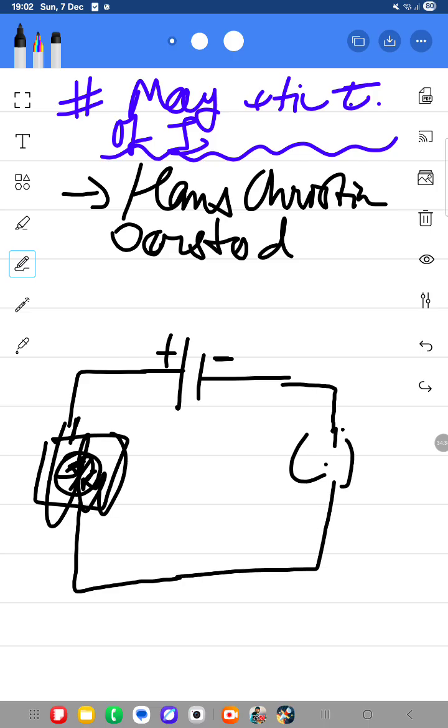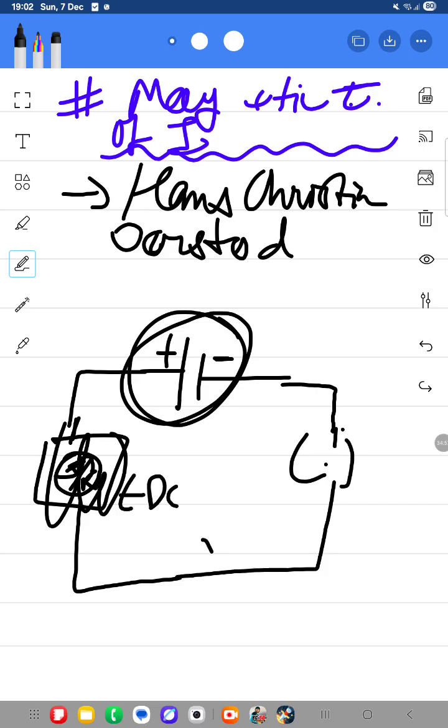He found that when we pass electricity through a conductor, here no conductor is needed, when we pass electricity through a cell, then there is a deflection shown in the needle of the magnetic compass.